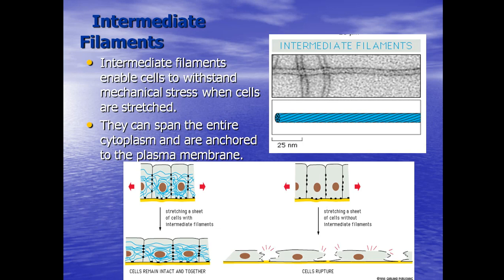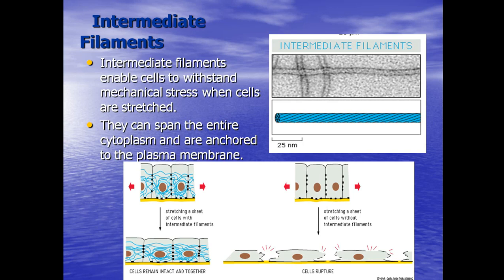Otherwise, the cells can tolerate the mechanical stress when they are stretched, pressed, or whatever. How? This is because of the intermediate filaments. These intermediate filaments are flexible and at the same time they absorb this shock and maintain the physical structure of the cell.